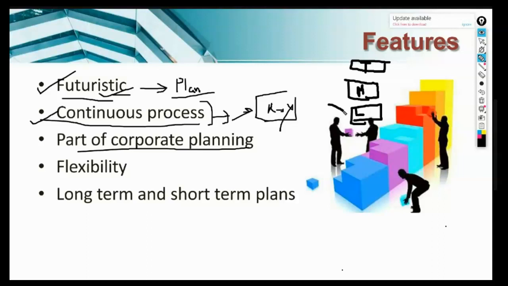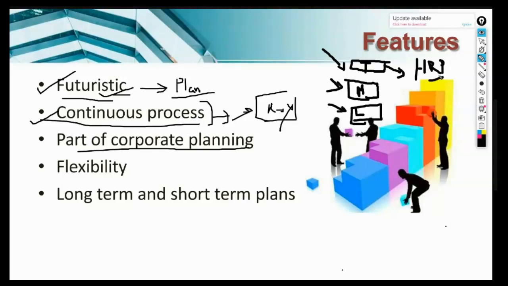At lower level management we do functional planning. At middle level management we do business planning. And at top level management we do corporate planning. So when I say HRP is part of corporate planning, that means it does include top management as well. It is not only the human resource department that is able to do it.